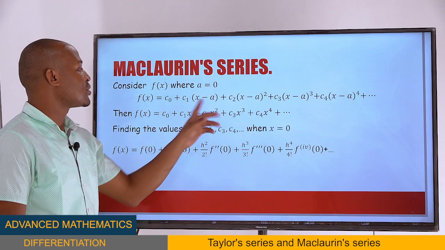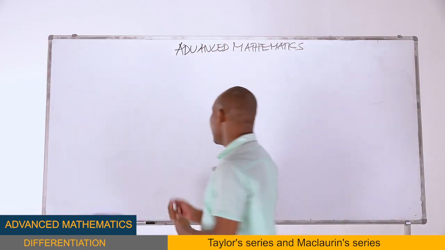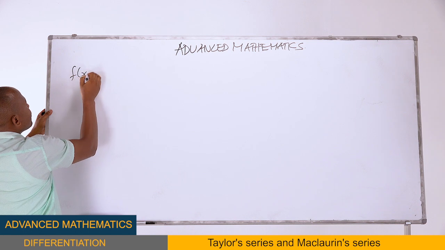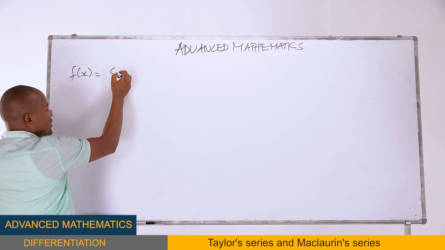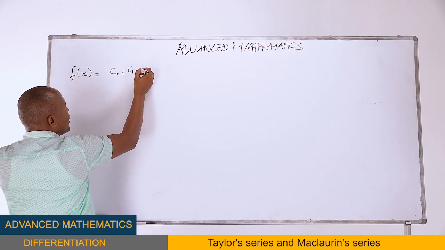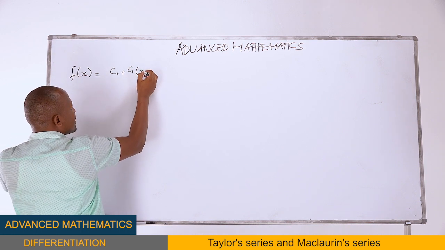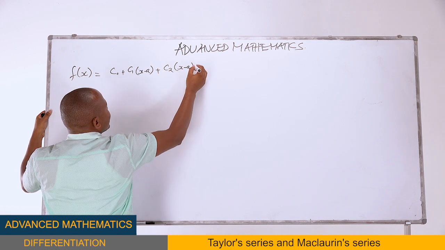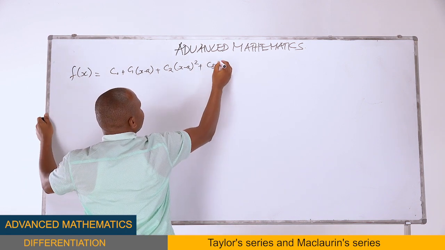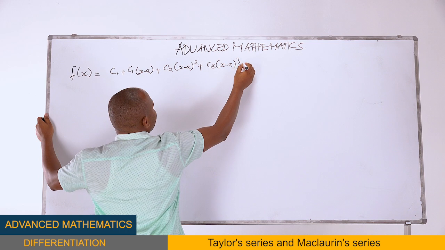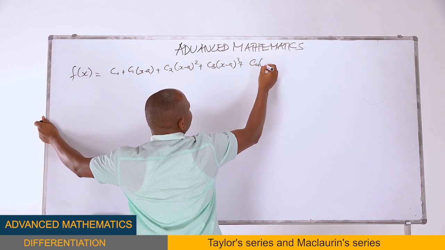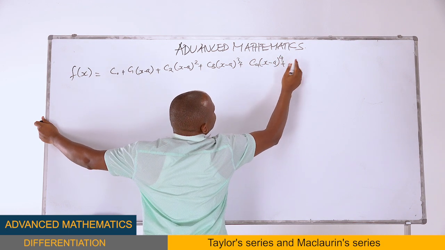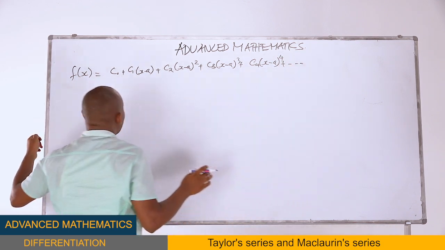Remember, our expression from Taylor's definition was c naught plus c1 times x minus a plus c2 times x minus a squared, c3 times x minus a cubed, and so forth, c4 times x minus a raised to 4, and you can go on as far as you like.